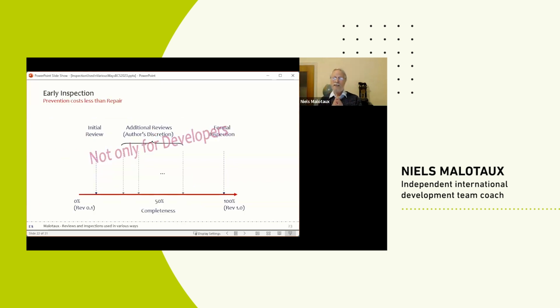So he also has an interesting example where it's not just used for developers, but also for test cases. Testers usually think that developers are a little bit stupid and testers know what to do, right? Well, I think testers are also people, and people make mistakes, so they also make mistakes.